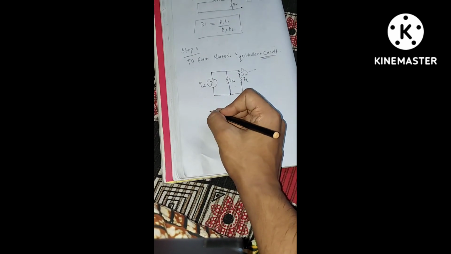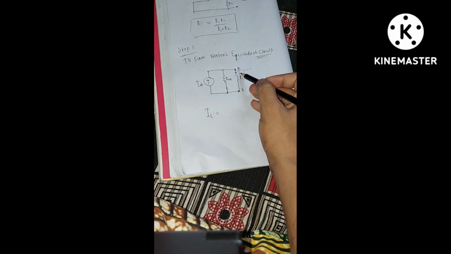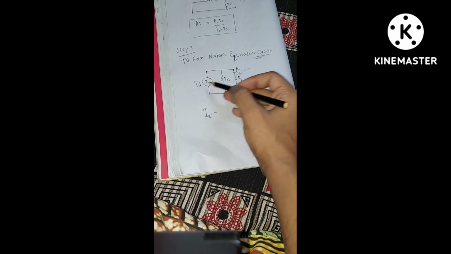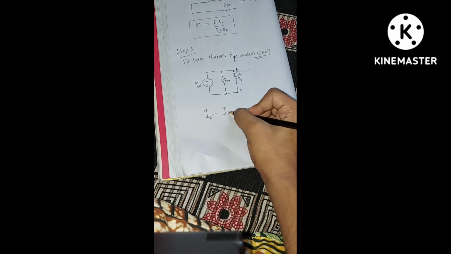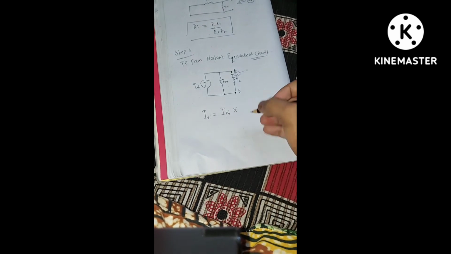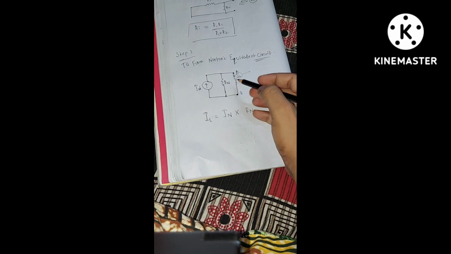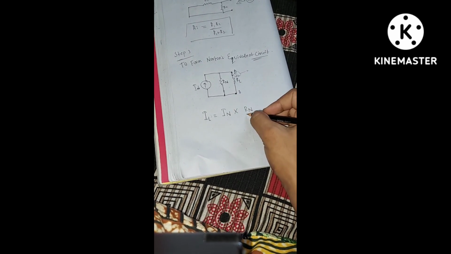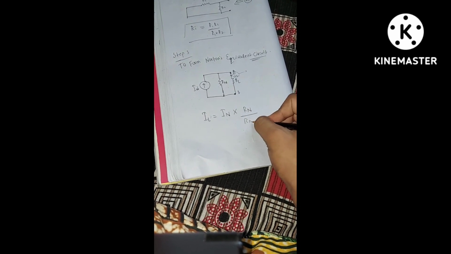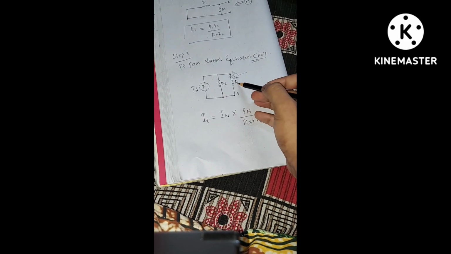IL will be equal to IN, that is Norton's equivalent current, into RN by RN plus RL.